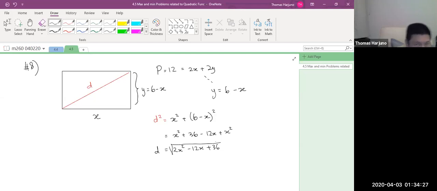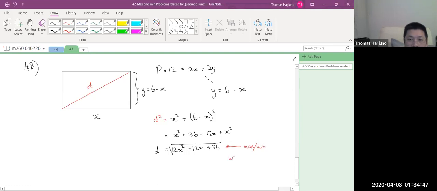I mean, we don't know how to make it maximum or minimum yet. But we know one thing: this D here will reach the maximum, or in this case the minimum, when 2x squared minus 12x plus 36 is maximum or minimum.